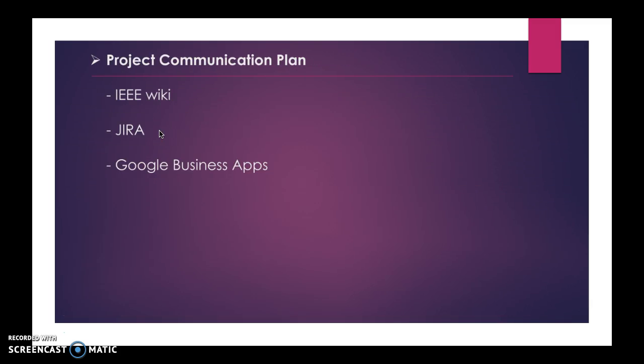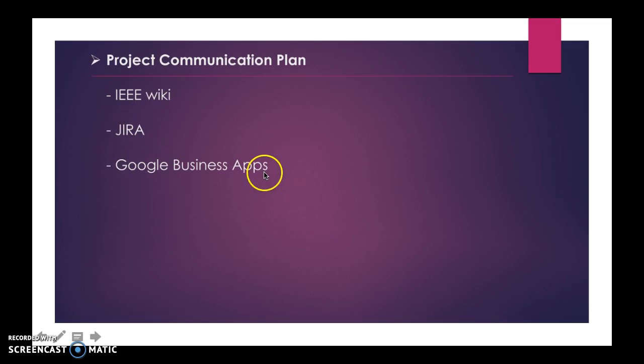And this is the communication plan that we have for any kind of documentation or any kind of workflow design. We use IEEE Wiki, and everything is shared between the team members. For issue tracking, bug tracking, defect logging, and any change management, we use Jira as the majority of tracking systems, and building the stories and assigning stories is also done by Jira.